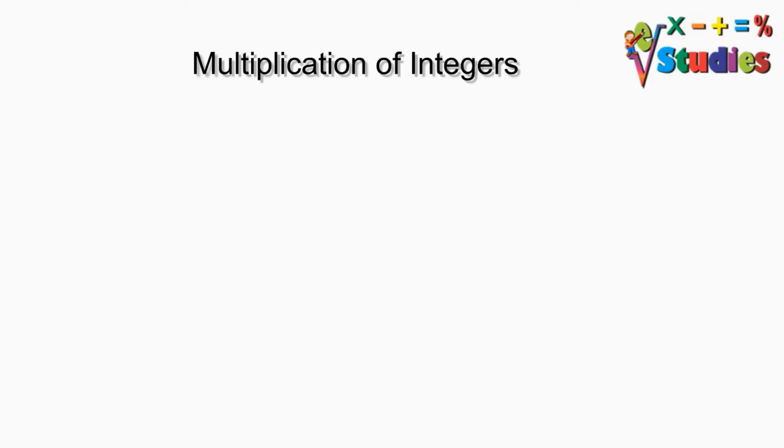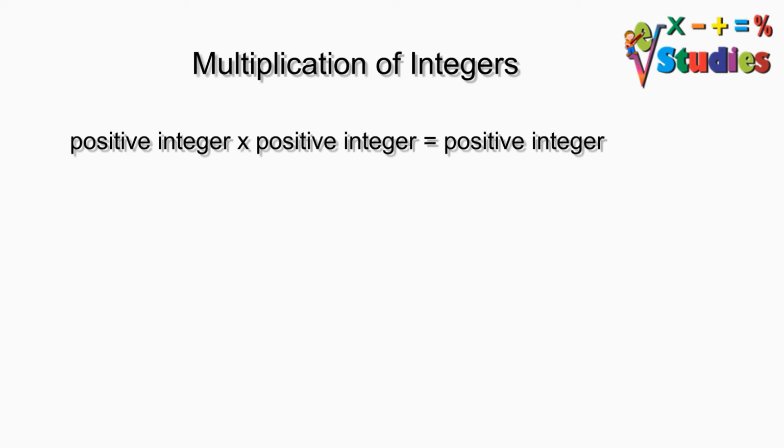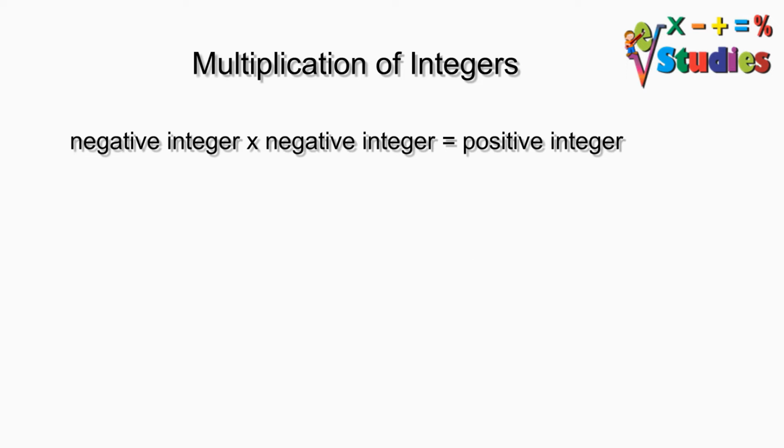Let us learn how to multiply integers. When a positive integer is multiplied with a positive integer, the answer would be a positive integer. For example, positive 8 multiplied by positive 9, the answer will be positive 72. Similarly, when two negative integers are multiplied, you would get a positive integer.